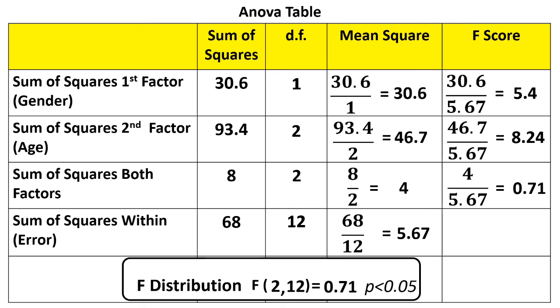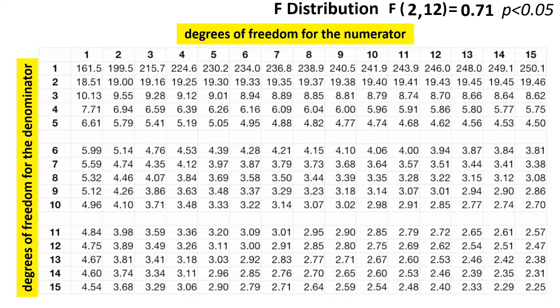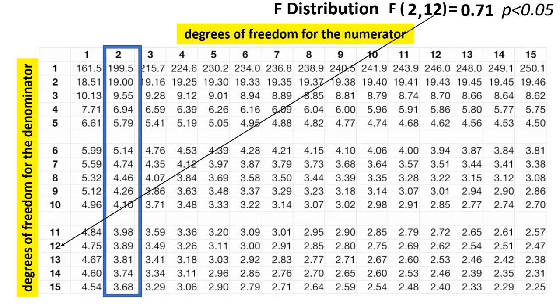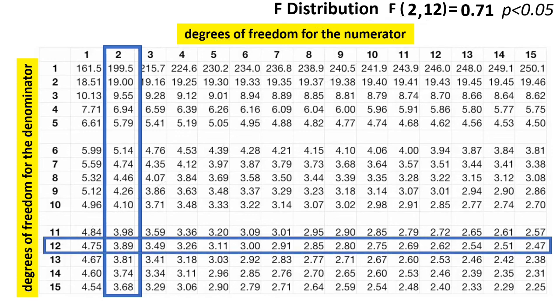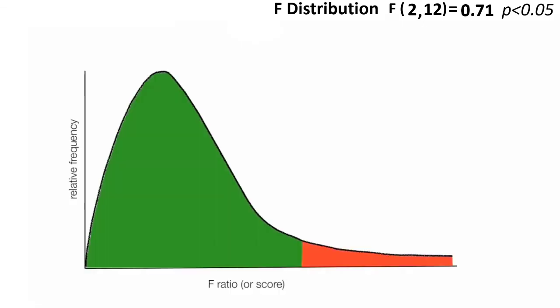Let's bring back our 95% confidence table. We have our DF for numerator, which is 2, and DF for denominator, which is 12. So the critical value is the same as the previous one, which is 3.89. Now the F score is 0.71, and that is of course less than our critical value of 3.89.